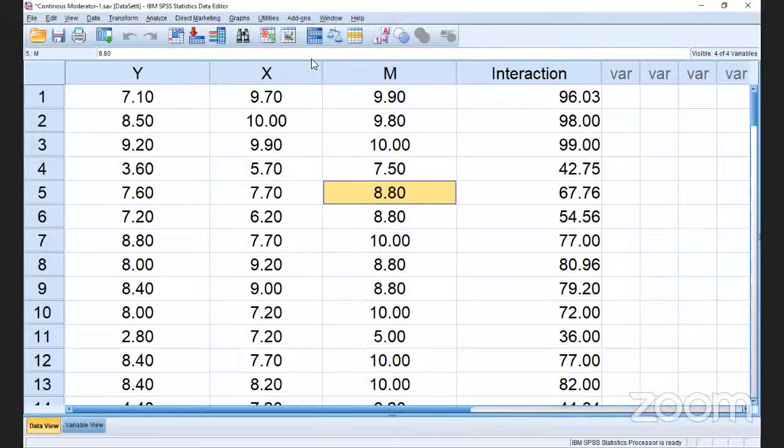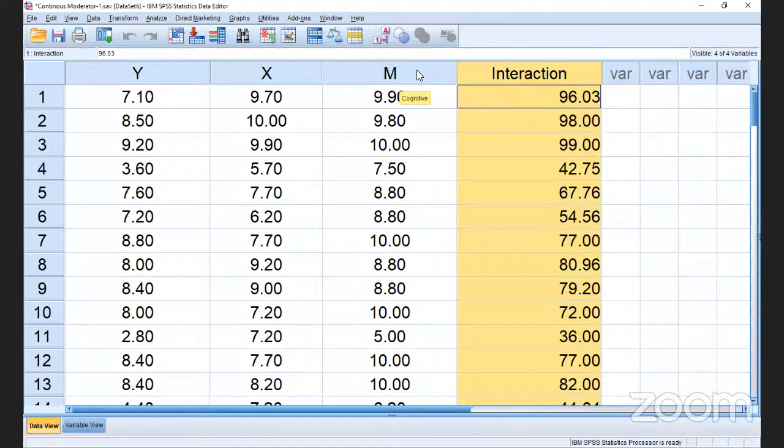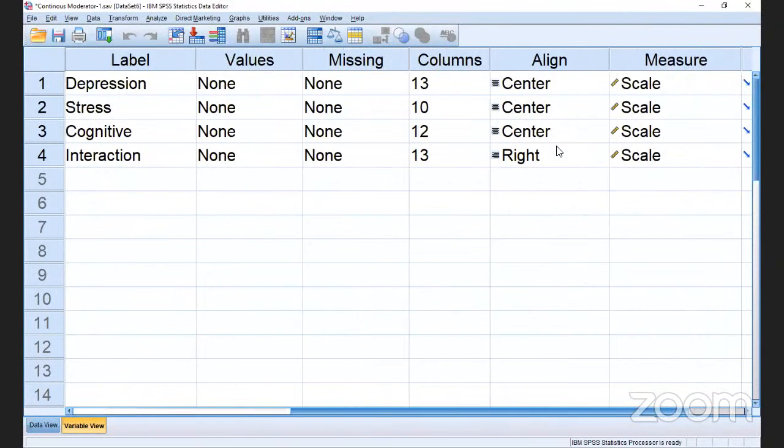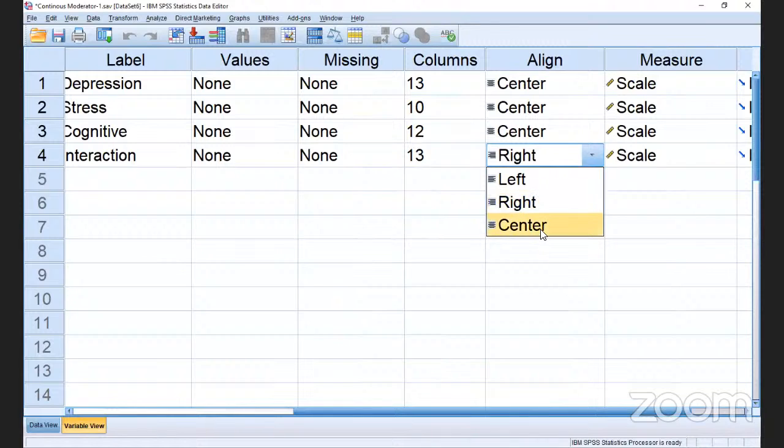I am sharing again, if you cannot see it, this is my file. I have created another variable, interaction. Now I will use multiple regression analysis again to find the impact of the interaction.